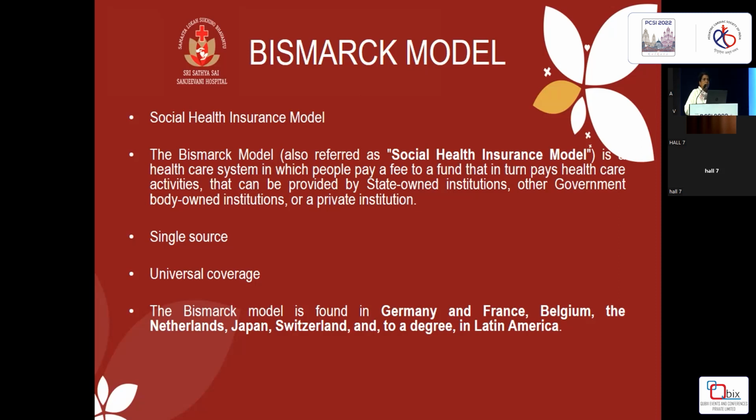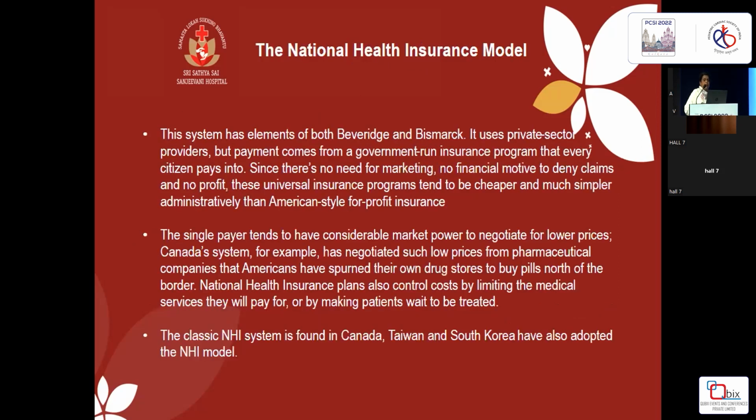It is a no profit, no loss kind of healthcare model. This model also provides universal coverage and has a single source, mainly for deployment of healthcare. The Bismarck model is being followed in Germany, France, Belgium, and Japan, and to a certain extent in Latin America.